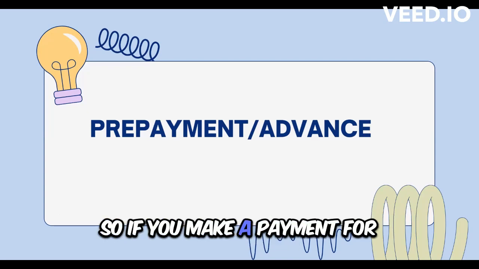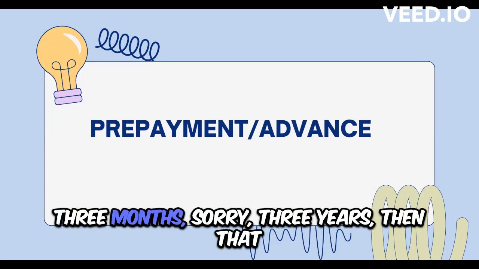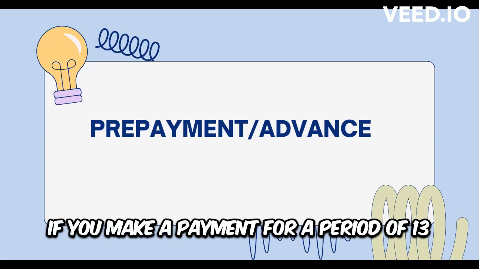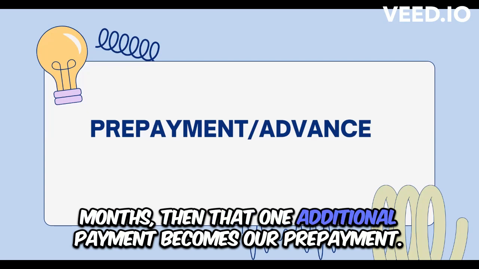So if you make a payment for 3 years, then those 2 additional years become our prepayment. If you make a payment for a period of 13 months, then that one additional month becomes our prepayment.